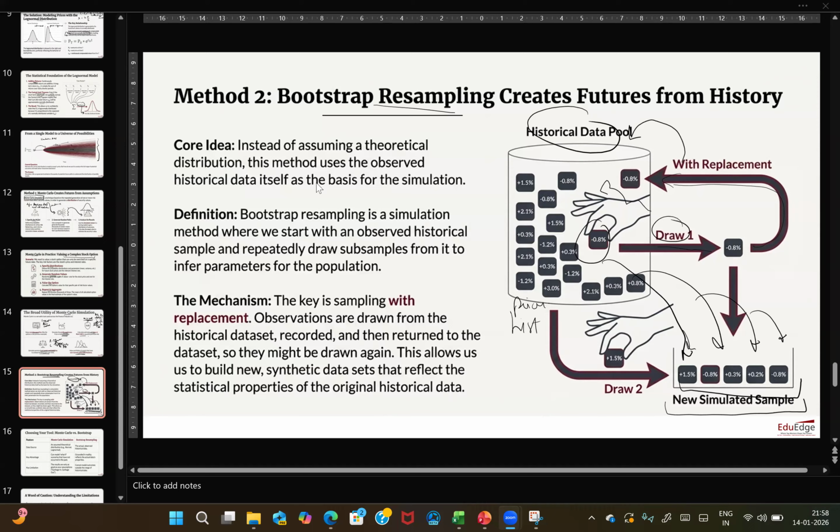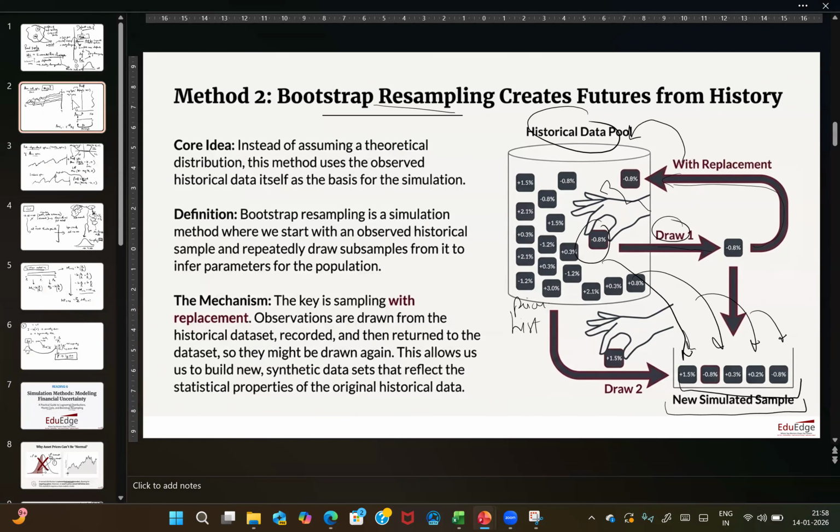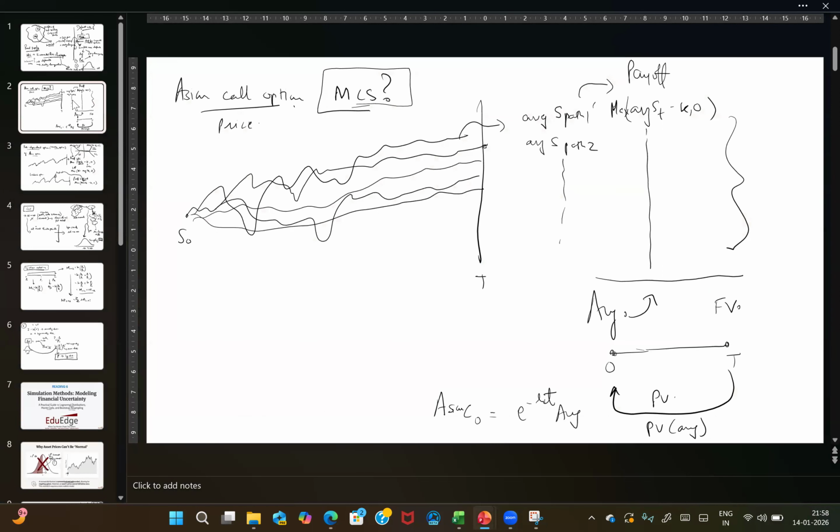Sir, does Monte Carlo simulation also generate the probability of the path, or only the path it is generating? It generates values, prices, or risk. So, do I also get the probability of the stock following that path?